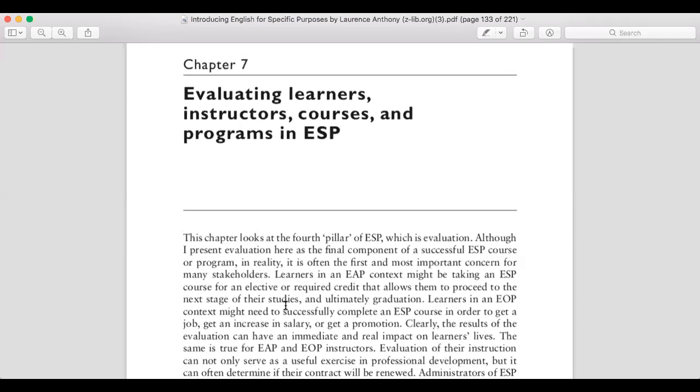Now, why do we evaluate maybe the learner, instructor, or the course? We evaluate in order to check if the teaching is effective, okay, and if the learners are progressing, right? And in case the teaching is not effective or the learners are not progressing, then we need to check a lot of things. We need to reevaluate a lot of things.